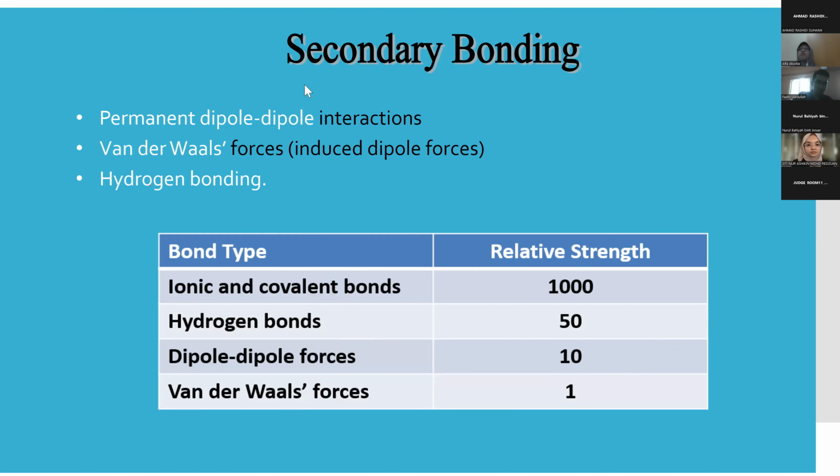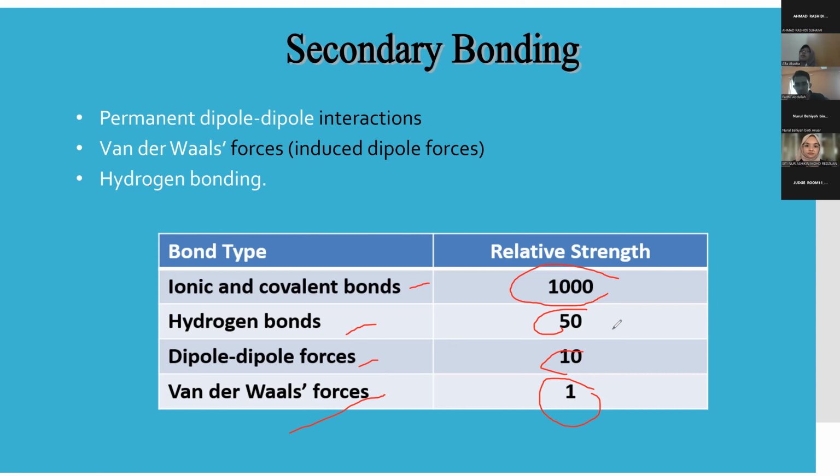If we make an order of bond strength, hydrogen bond is 50, dipole-dipole is 10, van der Waals is 1. So the weakest bonding is van der Waals force, then dipole force, then hydrogen bond, and the strongest are ionic and covalent bonds.